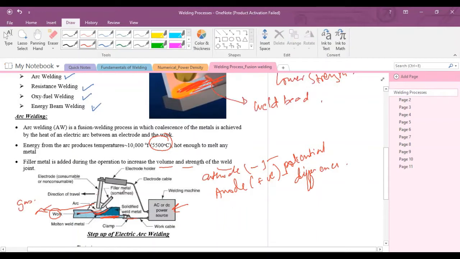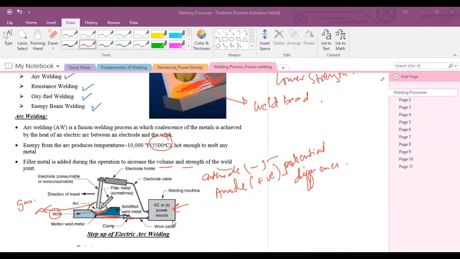When the source is on, there are two types of polarity: one is straight and one is reverse. In straight polarity, the positive terminal is connected to the workpiece and the negative terminal is connected to the electrode.